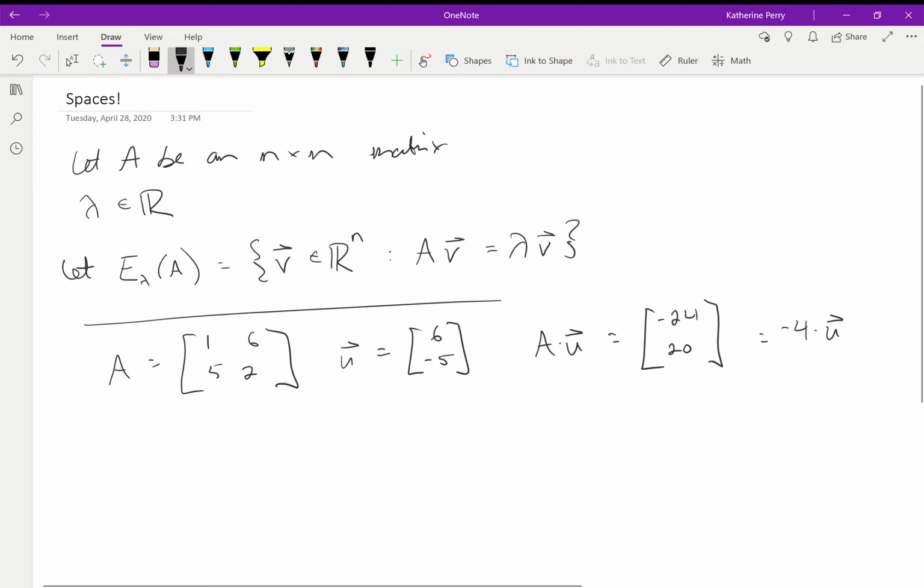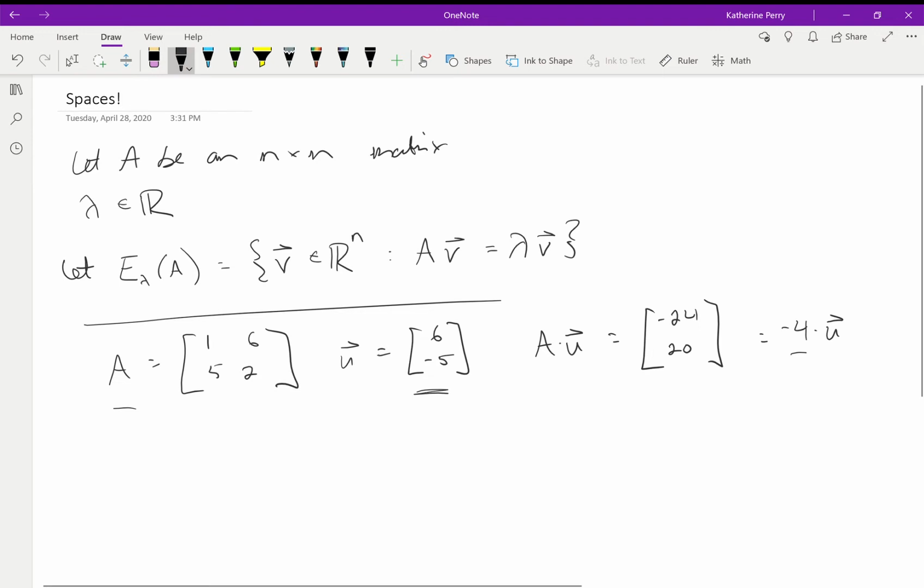And so if I were using this as my matrix A and negative 4 as my lambda, then n would be 2, and this vector U would be an element in this space.